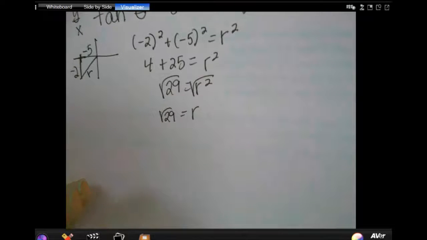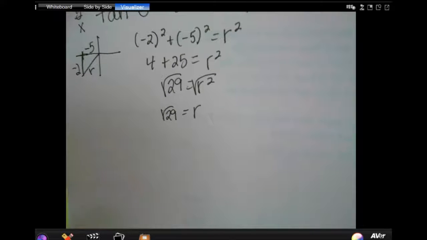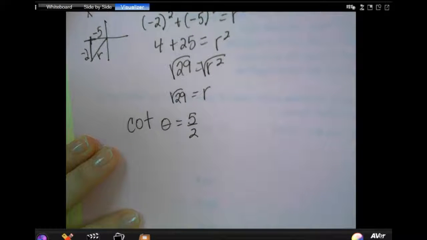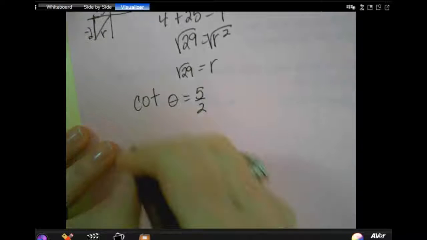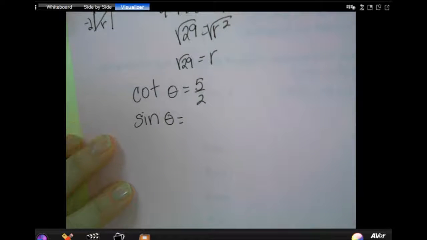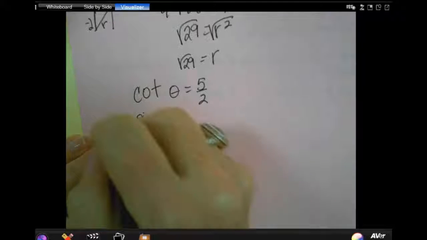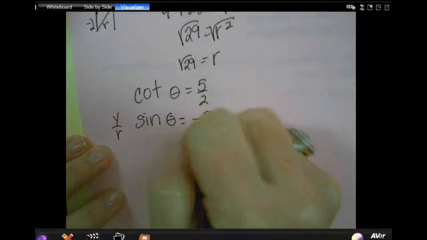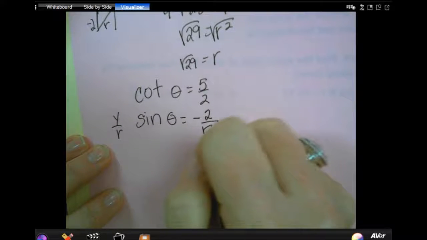So if tangent is 2/5, cotangent is flipped. Okay, now sine is y over r: negative 2 over the square root of 29.